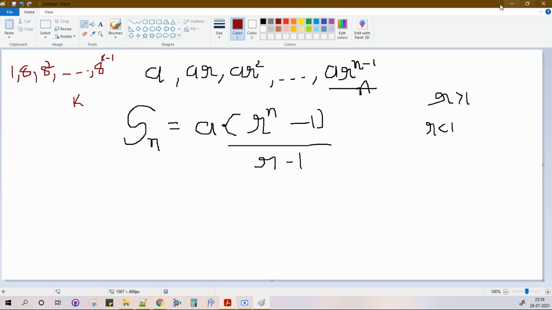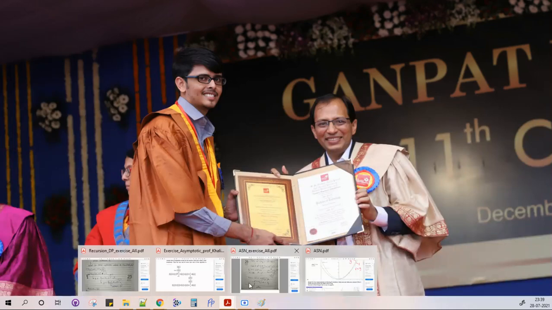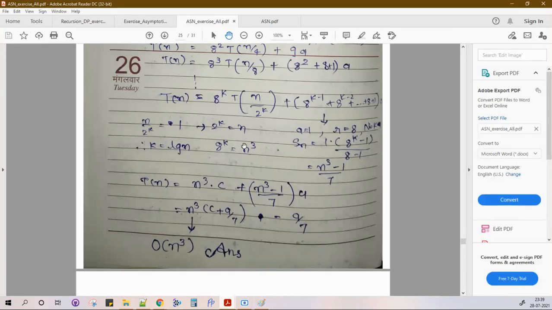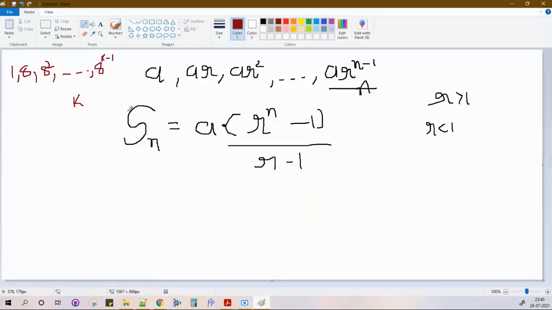So k terms I'm having. And what is the value of k? Value of k is nothing but log n, and you can leave it as it is, no problem with it. k terms I'm having, right? So how to take the summation of it? So summation of all this would be a, where a is nothing but the first term, right?